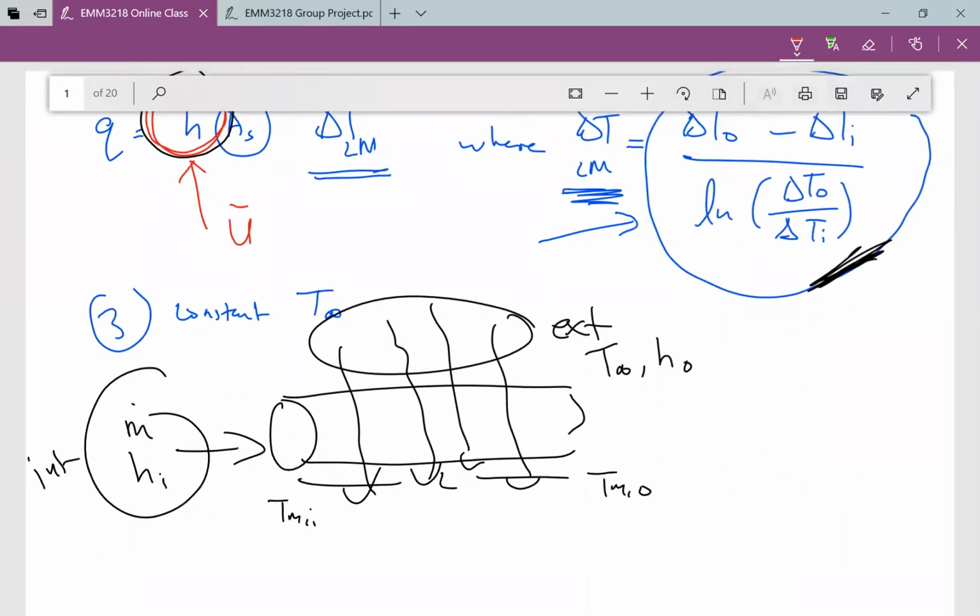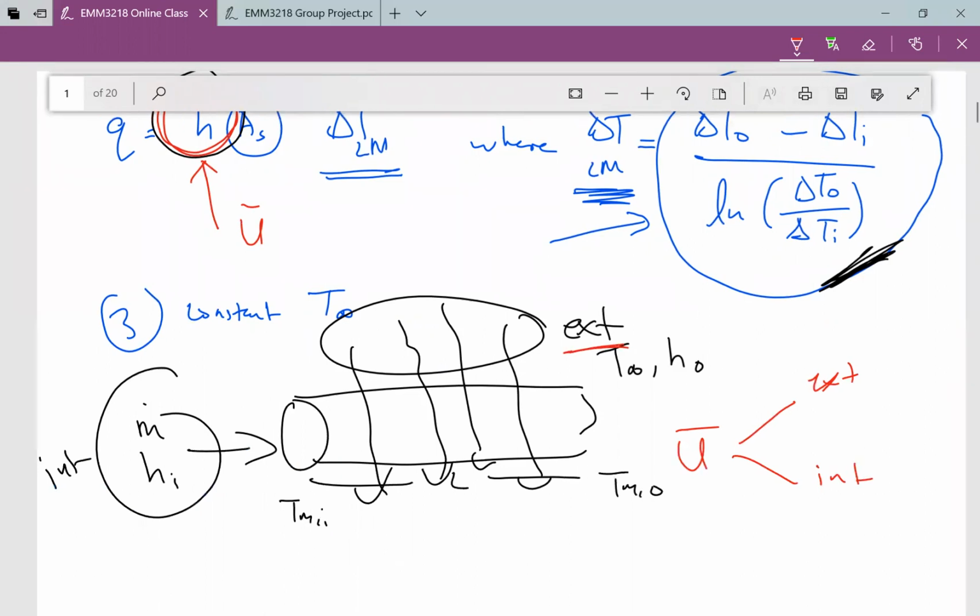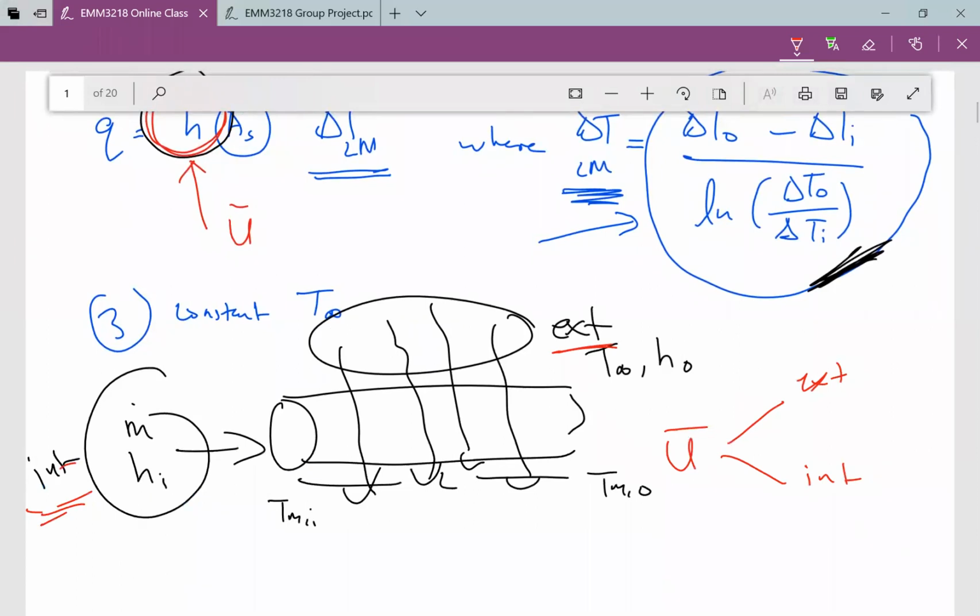So in other words, U is going to represent external plus internal for this case number 3, because you have external and internal, right? So that's why they don't use H, they use U for that purpose. Okay, so H becomes U.